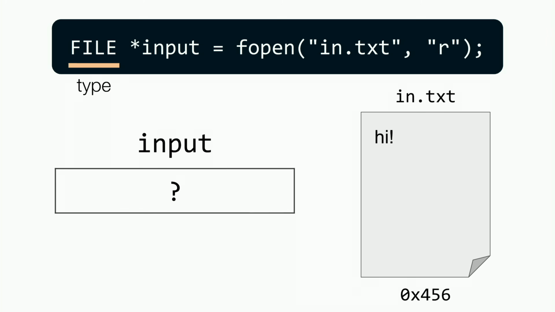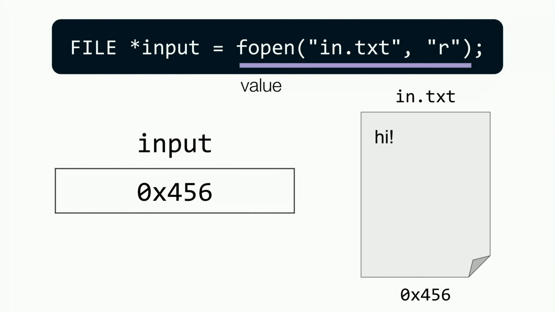FILE * is the type. So again, it's like a pointer to a file. And then we're setting that equal to the return of fopen. And fopen is going to return the address of the file that you're opening up here.